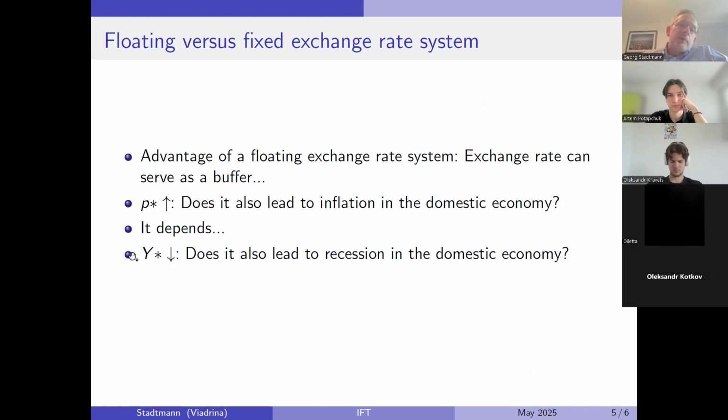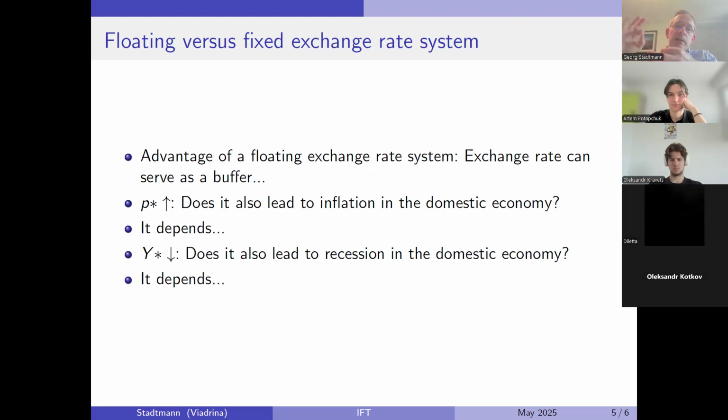What happens if there is a recession in the foreign economy? Does it also lead to a recession in the domestic economy? It depends. In a floating exchange rate system, the exchange rate will serve as a buffer. So there is a buffer between the two economies, and what happens in Vegas stays in Vegas. What happens in the foreign economy stays in the foreign economy.